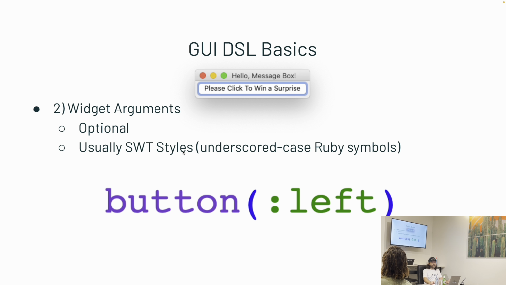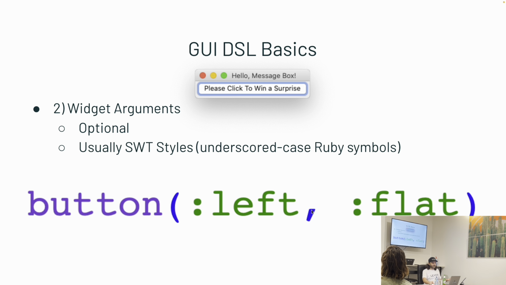In Glimmer, instead of passing SWT styles the SWT way, which requires you to pass bit-ored integers, something very low level, you don't have to worry about that. Just use symbols in Ruby. And if you want to pass multiple of them, you don't have to do bit-oring. You just separate them by comma, and the library will take care of the rest for you. So here I'm saying I want a button that has the flat style with the left aligned text.